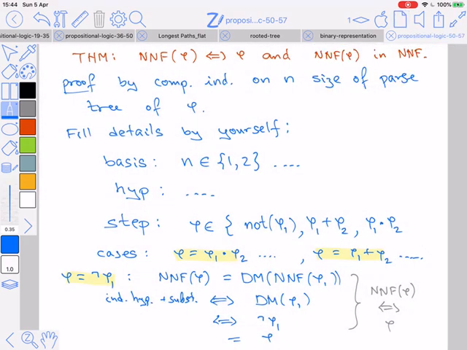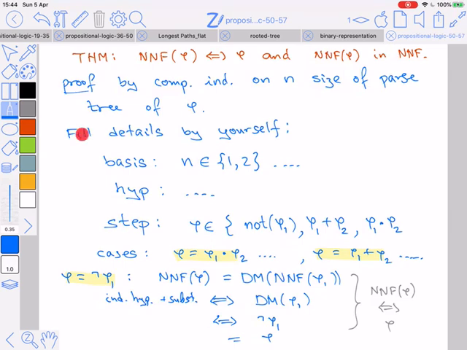Okay, so we want to prove that NNF of phi is logically equivalent to phi, and that it is indeed in negation normal form. The proof, as all the proofs we have in this part, is by complete induction on the size of the parse tree of phi, which we denote by n. I'm not going to give you the full details of the proof.